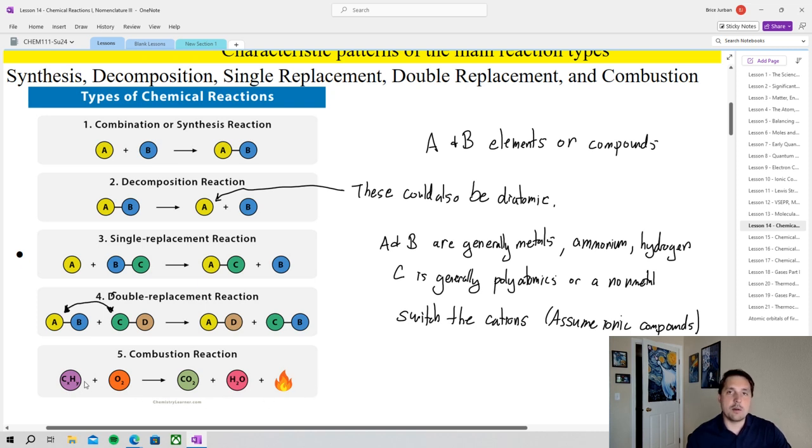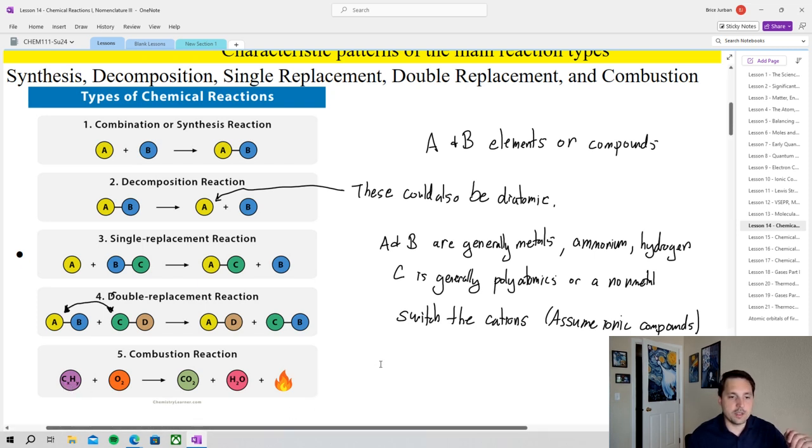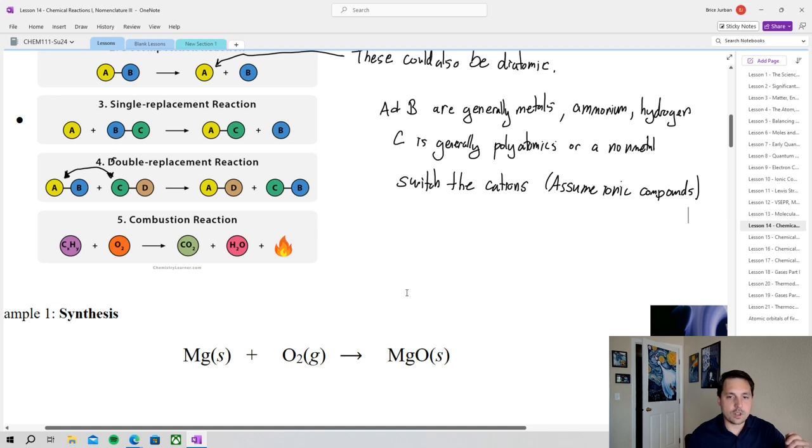There are other types of combustion reactions that don't involve carbon. You can have a combustion of a nitrogen-based or a sulfur-based compound as well. And if you read in the textbook, this week we're reading through chapter 10, you may see some of those types of reactions as well. All right, so let's go and look at some of these example types.